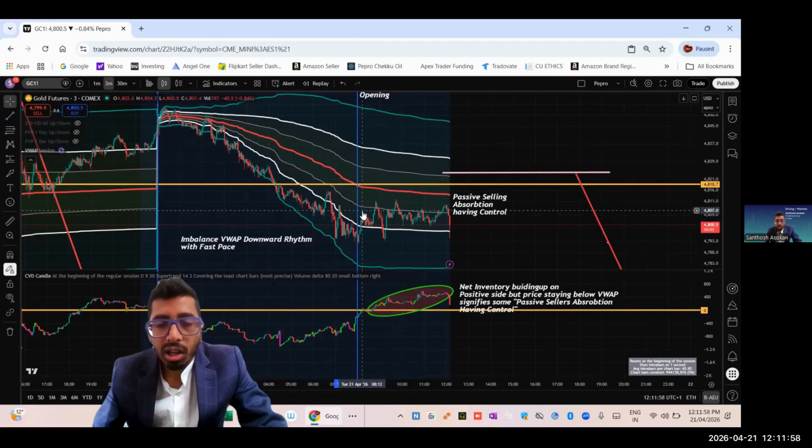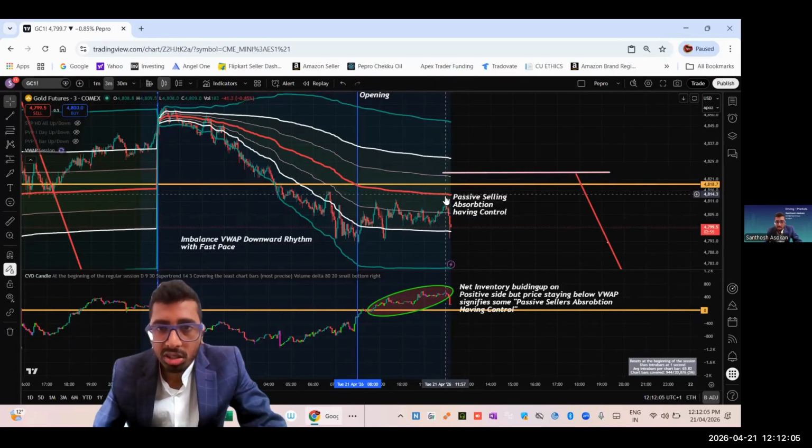So I will be keenly looking for price to pull back towards the plus 0.5 standard deviation, just above the VWAP or near the VWAP.